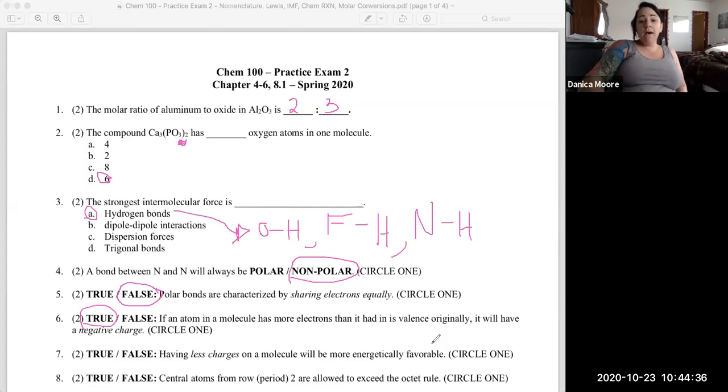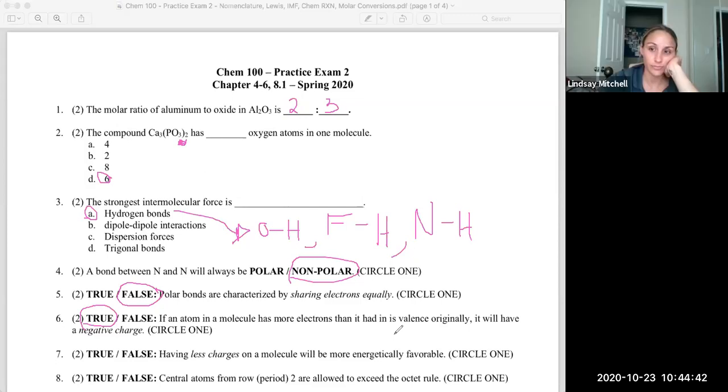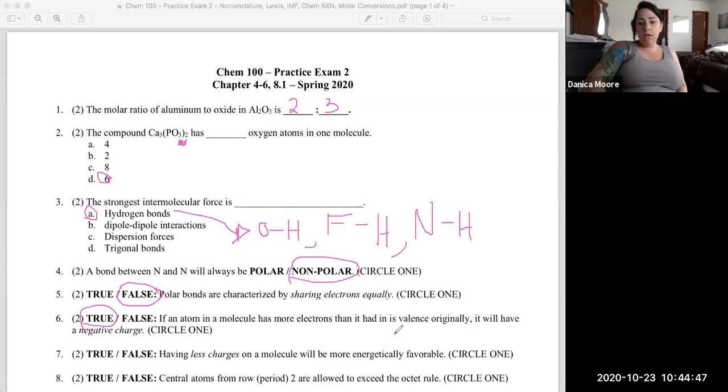If it had one less electron than it came with in the valence, what would the charge be? Positive one. You comfortable with that? Yeah.